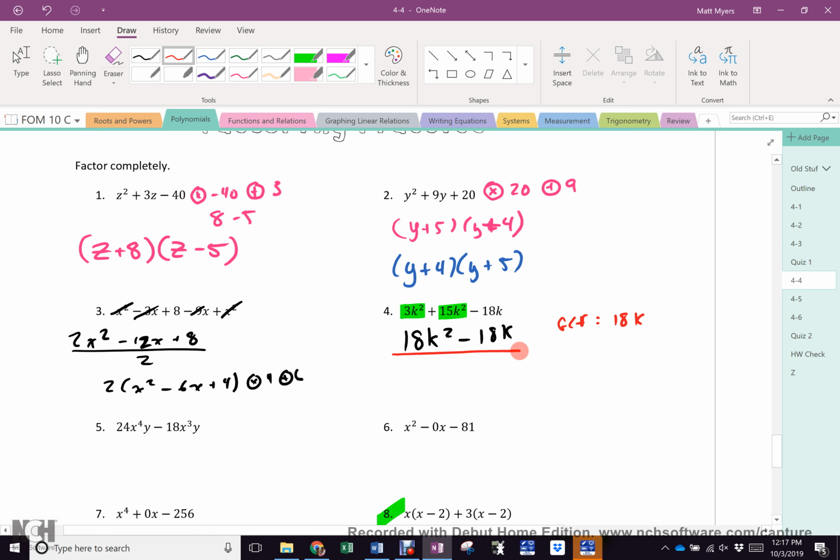So then I would divide by my GCF, just like that whole lesson we did 2 days ago. I would write the GCF at the front, and then I would write quotient 1, k, quotient 2, negative 1, and I'd be done. Please notice, nothing new.